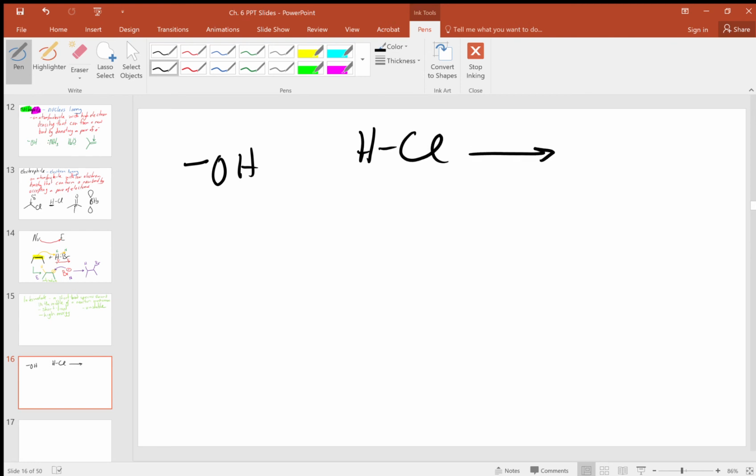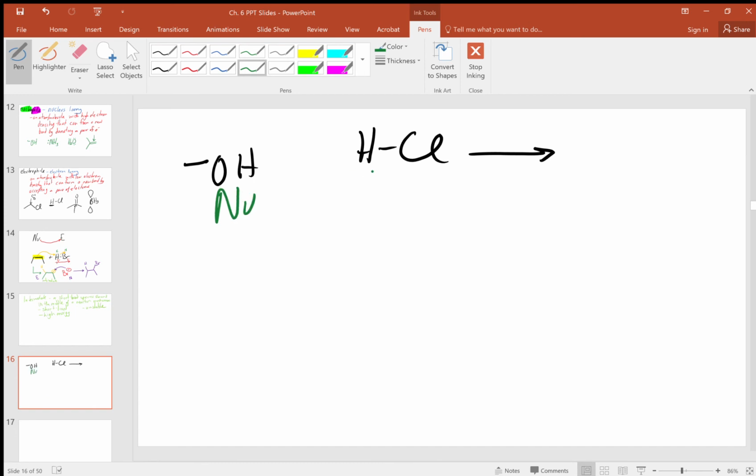All right, so in this example, what's our nucleophile? What's our electrophile? Well, in many cases, if something is negatively charged, it's almost always going to be a nucleophile. A species that's negatively charged has electron density to give up.